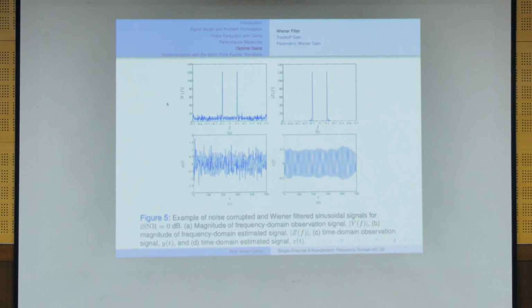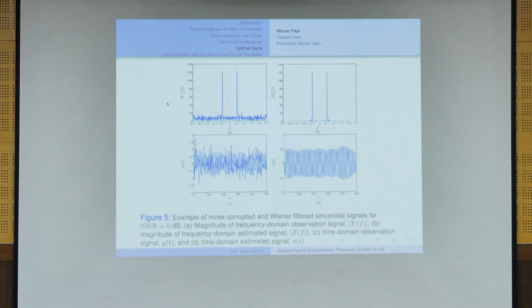After we apply the Wiener filter, we get this. This is the spectrum of the estimated signal. This is the signal in the time domain, the inverse Fourier transform of y, and this is the estimated signal in the time domain.